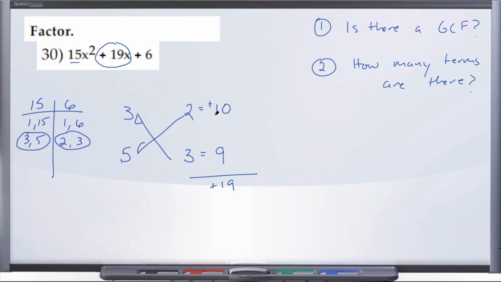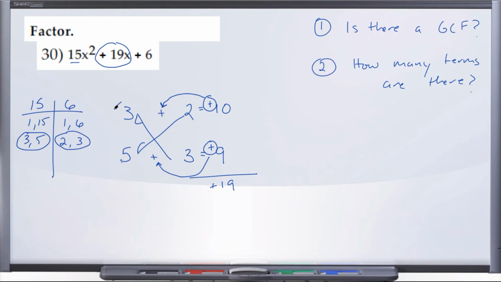If the 10 is positive and the 9 is positive, when we add these two numbers together, we get positive 19. And whatever sign you put with the cross product is going to bounce over. So in this case, we put a plus with each of our cross products, so that plus bounces over.